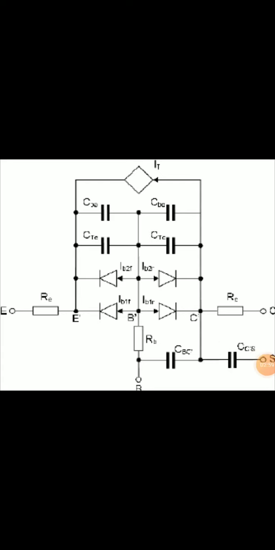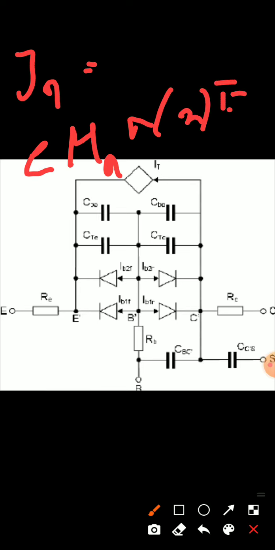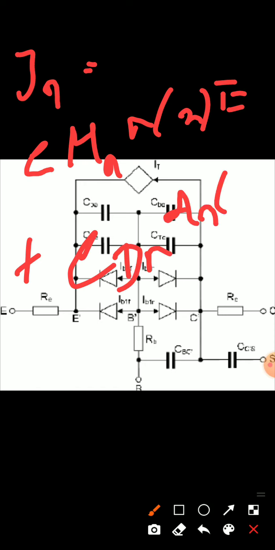The Gummel-Poon model is used where there exists a non-uniform doping concentration in the base. So here the electron current density in the base is Jn equal to q mu n n(x) into E plus q Dn dn(x)/dx.